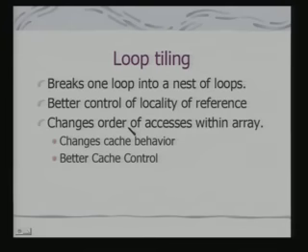That means, I would like to restructure the code so that I can have a maximum use of the data that I have loaded onto the cache. So, in that case it can change the order of accesses within an array, and obviously if I change the order of access, it changes cache behavior, and I shall be interested in improving its behavior and a better cache control. We shall see an example now.